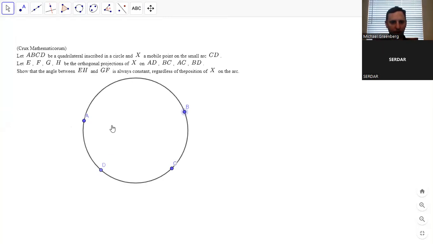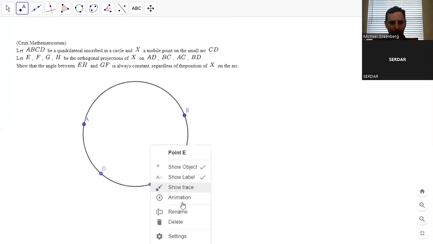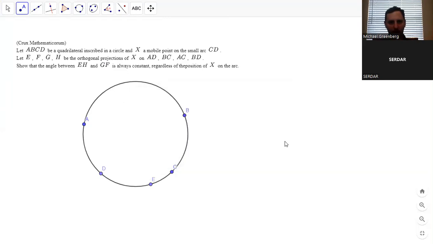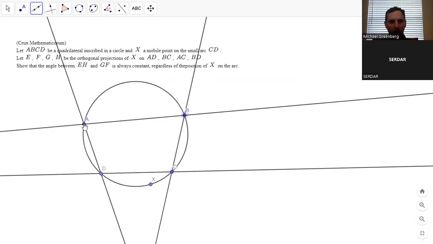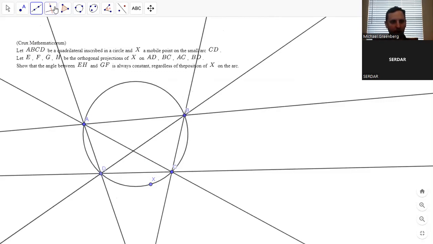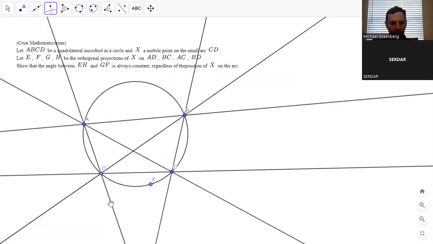Okay, so X is any point here. So we take those projections. First AD and BC, and then AC and BD.